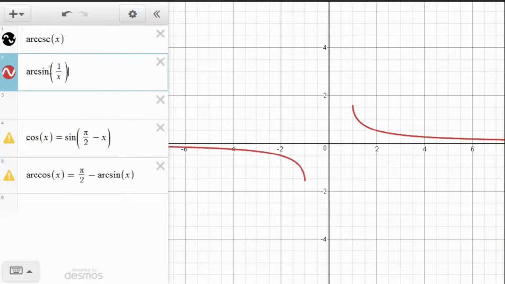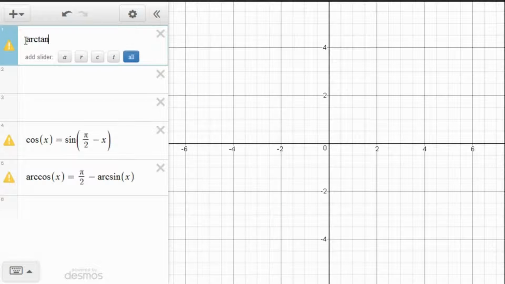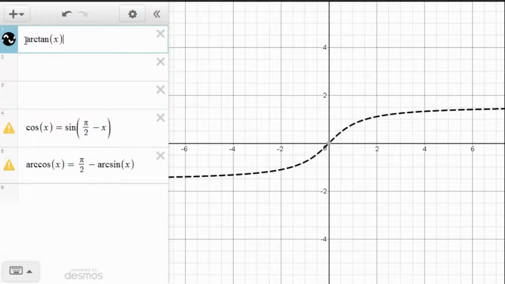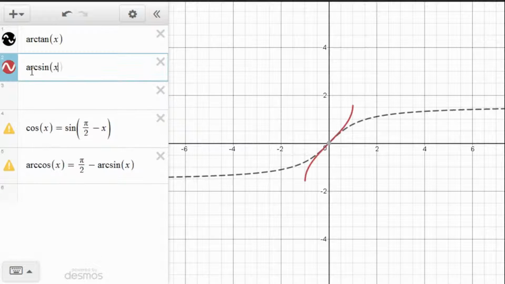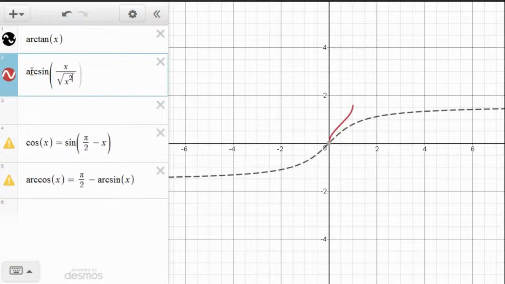So we can now move on to tangent and cotangent. Arc tangent of x looks like this. And it turns out that you can write that this way. Arc sine of x divided by the square root of x squared plus 1. You see that that graph is exactly the same as the one for arctangent.